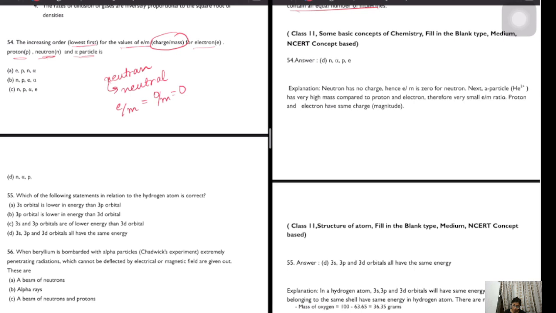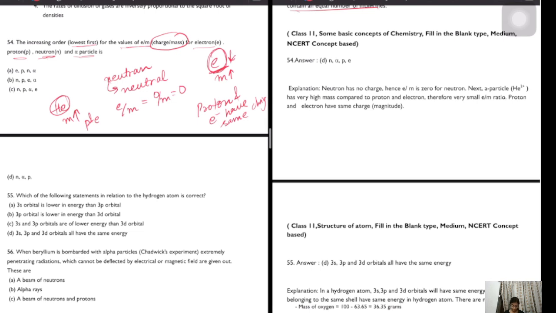Now for the alpha particle, when we take helium, it has a very high mass compared to that of the proton and the electron. If the mass is high, then to maintain the ratio, e by m should be less. And the proton and the electron have the same charge in magnitude. One is positive, one is negative.